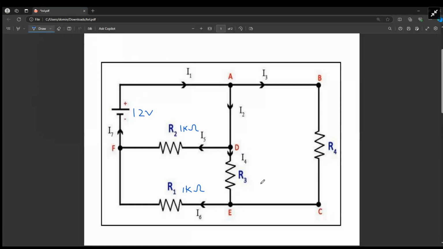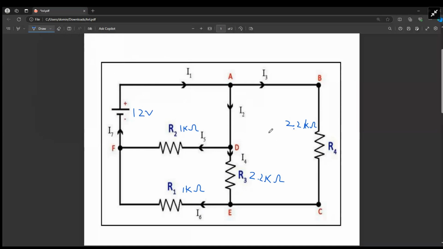R3 and R4 are both 2,200 ohms, or 2.2K ohms. How can I calculate the total equivalent resistance of the circuit and, using Kirchhoff's laws, solve for the unknown currents I1 through I7 passing through and the voltage drops in each resistor?